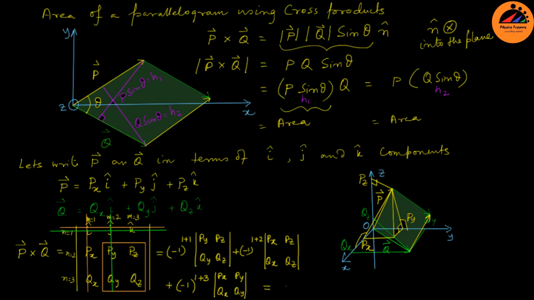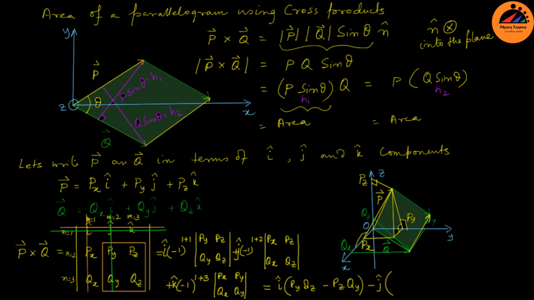It's very simple. So this is, oh, I have missed this i cap, j cap, k cap. This should be i cap and this should be multiplied by j cap and this should be multiplied by k cap. You should not miss these things. So this is i cap times Py Qz minus Pz Qy. So here you must have a minus j cap, but the order of multiplication is the same.